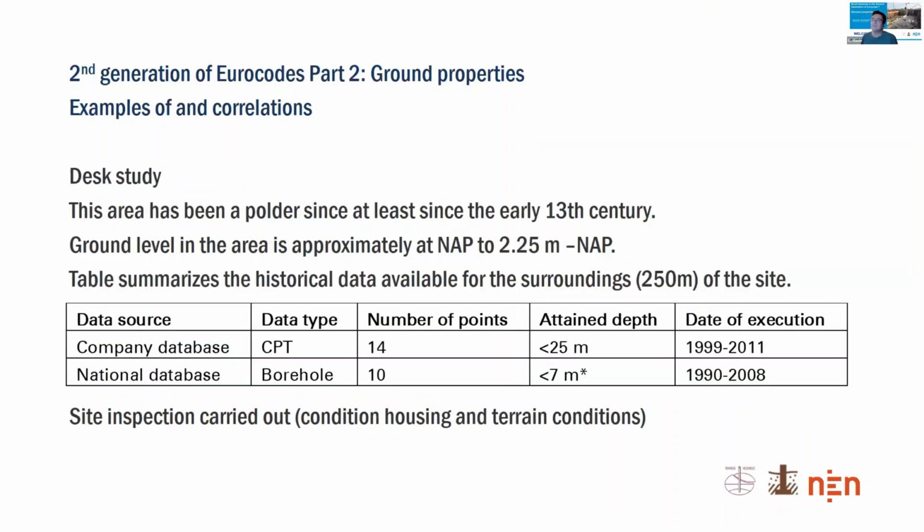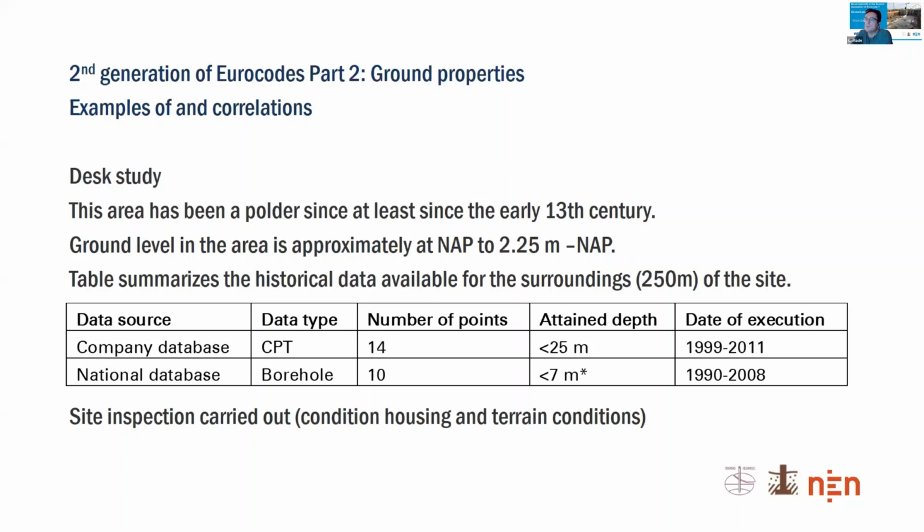From the desk study, it was concluded that the area has been a polder since at least the early 13th century. Ground level in the area is approximately at 2.25 meters minus sea level. The table summarizes the historic data available for the surroundings, around 250 meters around the site. So we have some CPTs, we have some boreholes. A lot of the data is from the 1990s, right up to 2011.